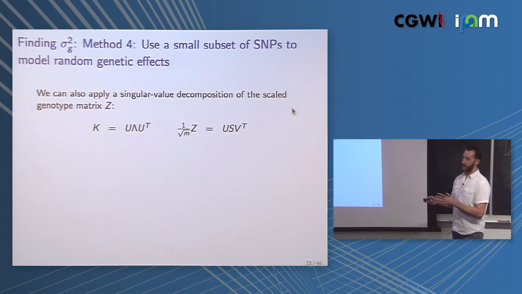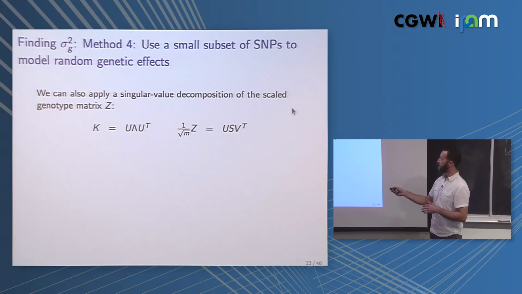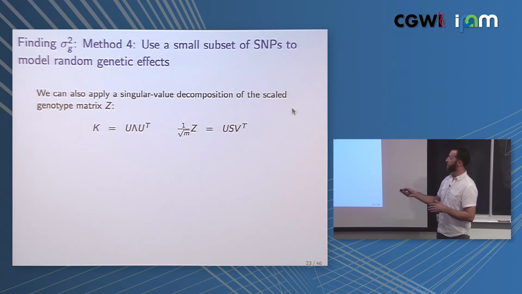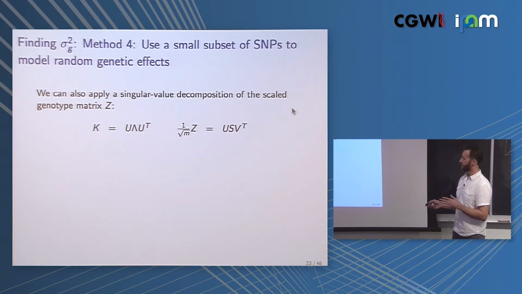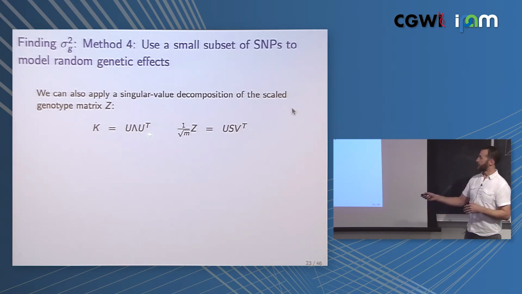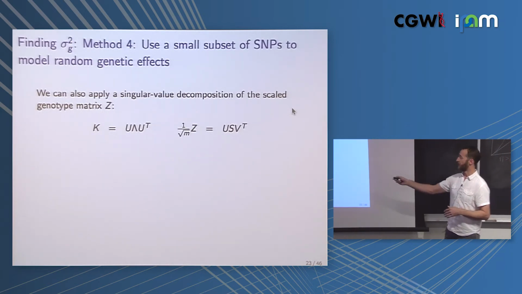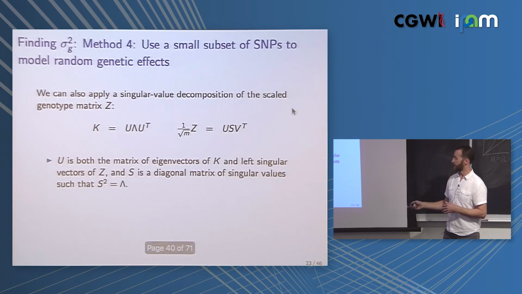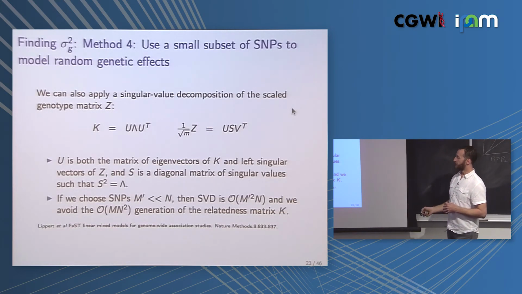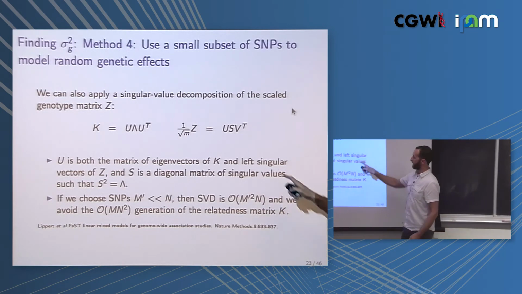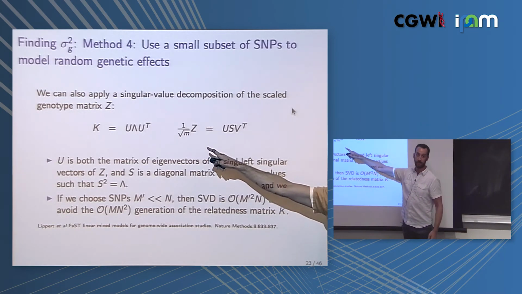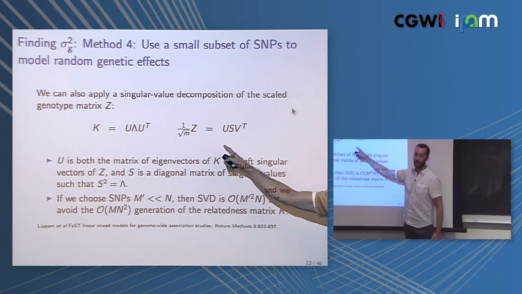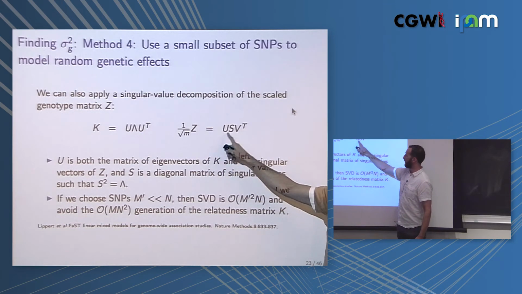The other advance that's described in the same paper is if you have a situation where m is actually less than n. Here's our spectral decomposition, and here's a singular value decomposition. This is the same U, and this S squared is lambda here. If you do this, you can actually never build K, which is nice because it was expensive to build K, and you can get back U and lambda.